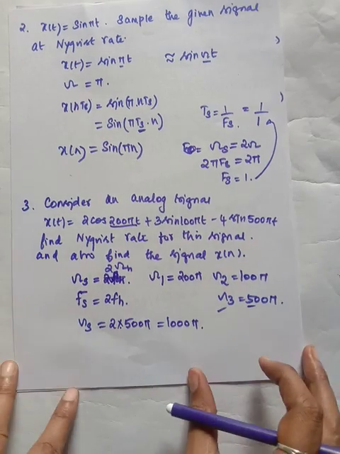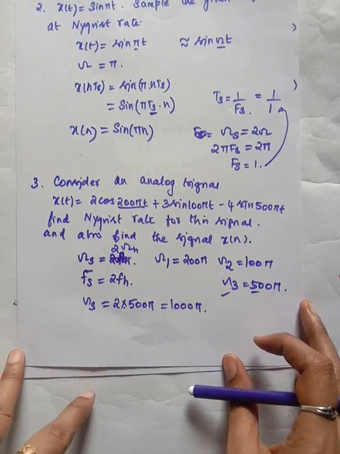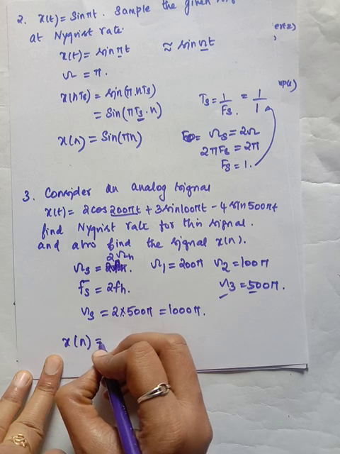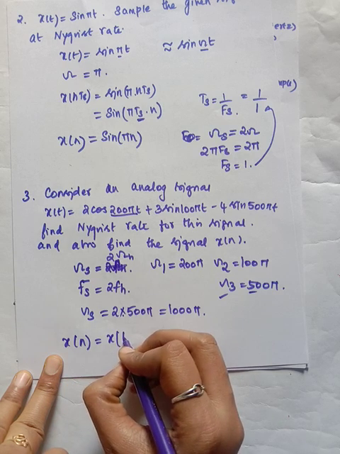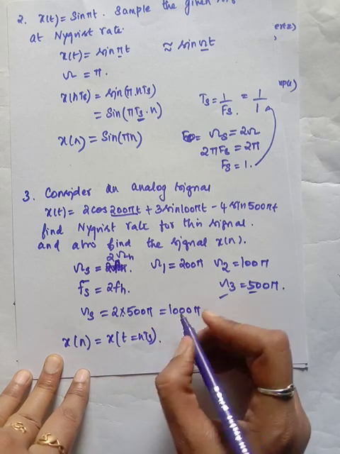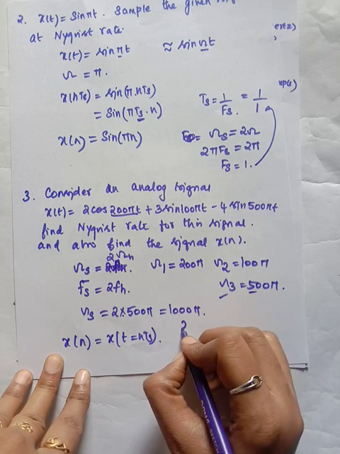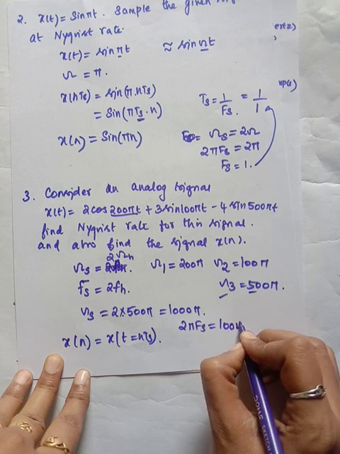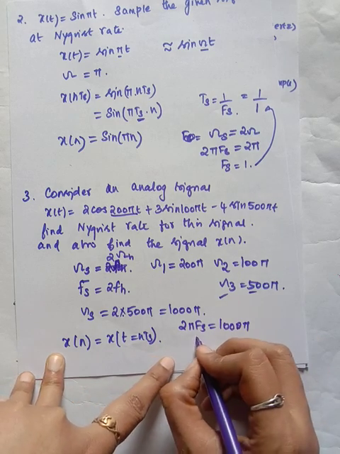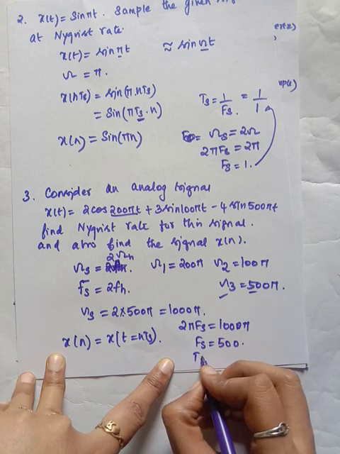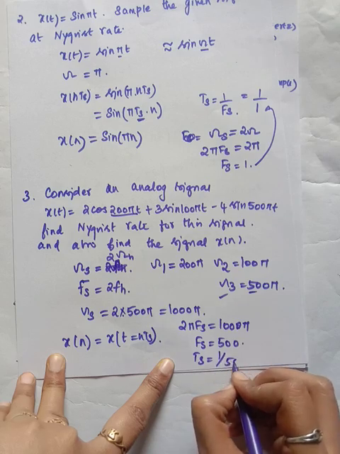From this I need to find Fs, because to find x of n I need to substitute t equal to nTs. So 2 pi Fs is equal to 1000 pi, so Fs is equal to 500, and Ts is equal to 1 by 500.